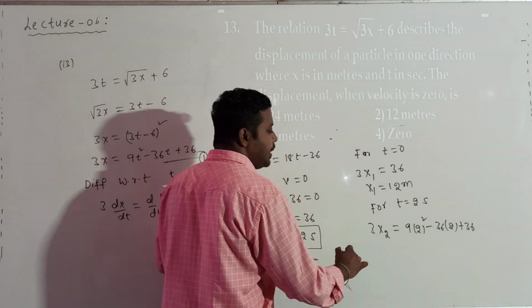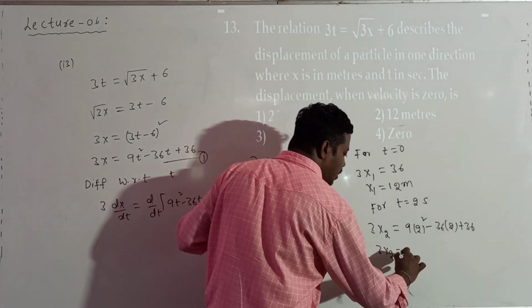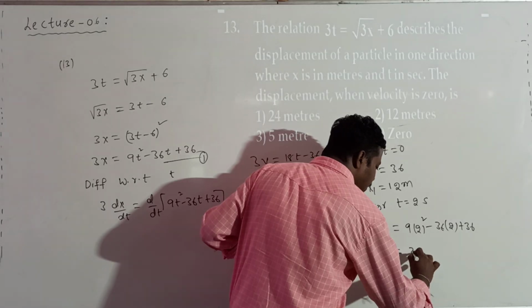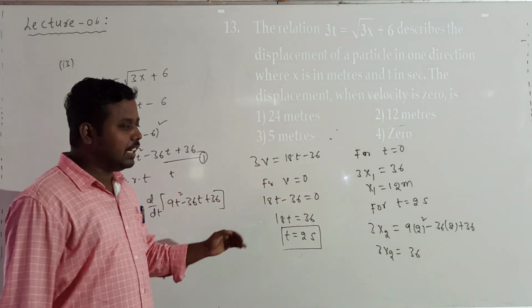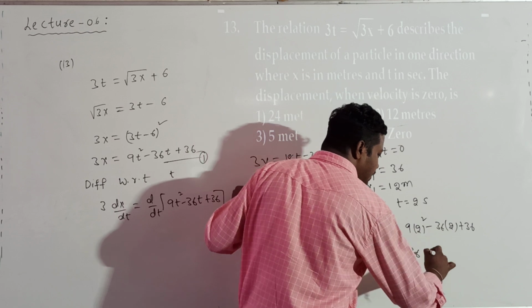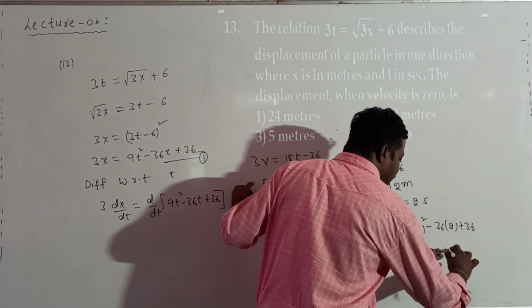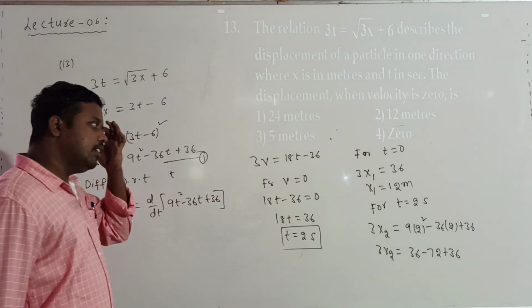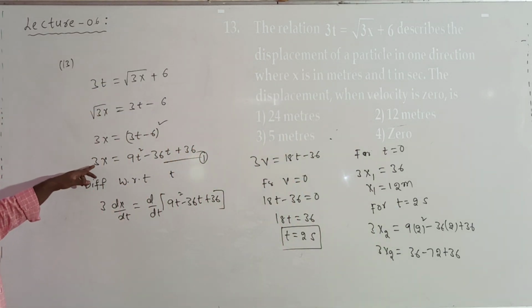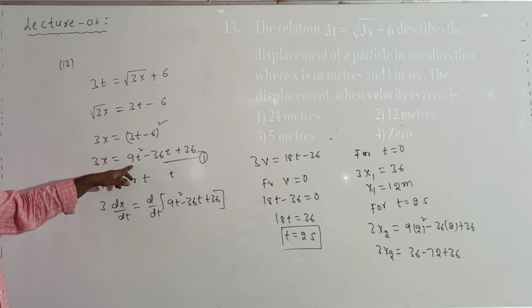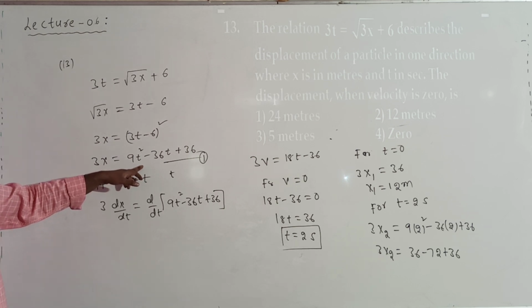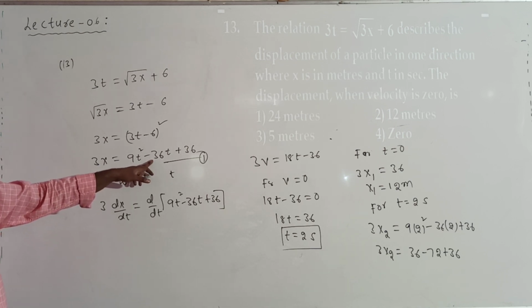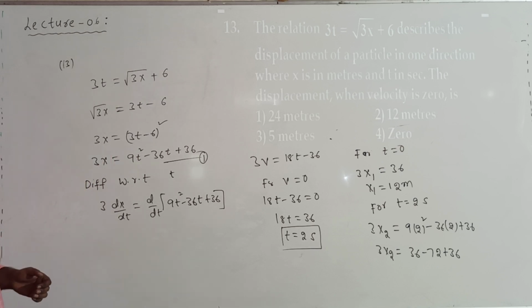So 9 into t square, where 2 square is 4, and 9 fours are 36, minus 36 into 2, which is 72, plus 36. Clear? So what is the value of 3 into x2?